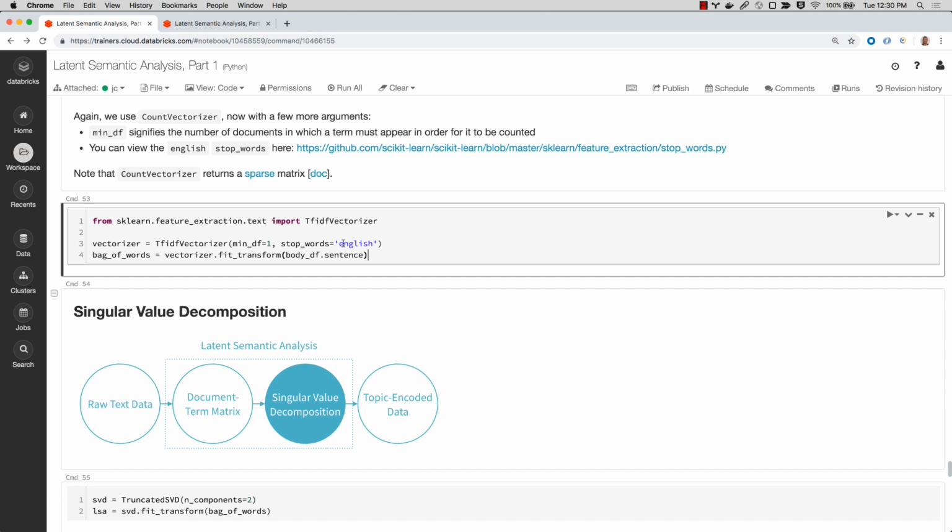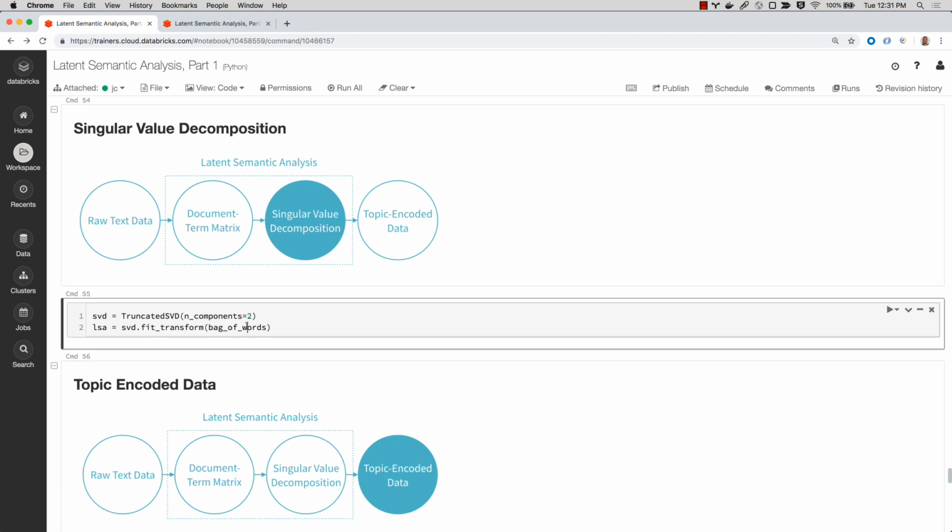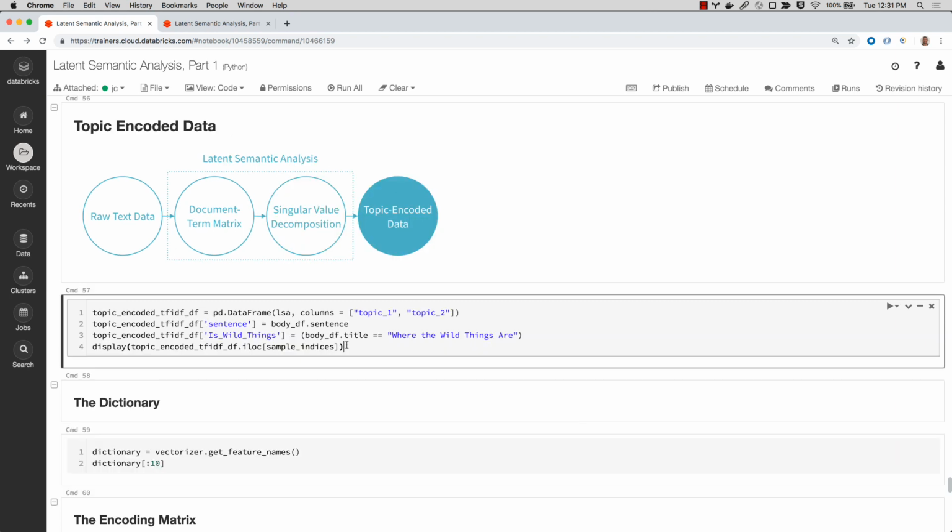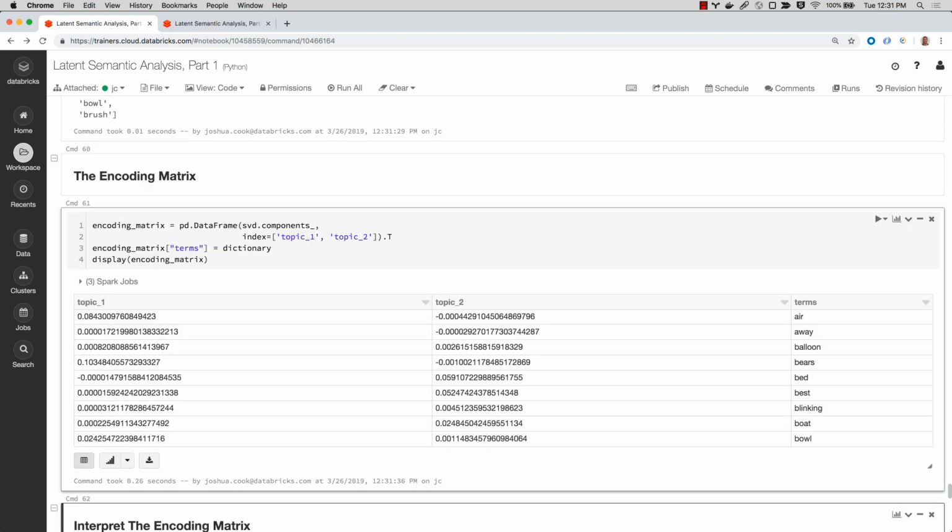Once more, we instantiate a vectorizer with the same arguments, a min_df of 1, and using the English stopwords. Then we use that vectorizer to fit and transform our body to create a bag of words. The SVD doesn't change at all. We generate a pandas data frame of our topic encoded data that was encoded using the TFIDF document term matrix. Here is the generated encoding matrix.